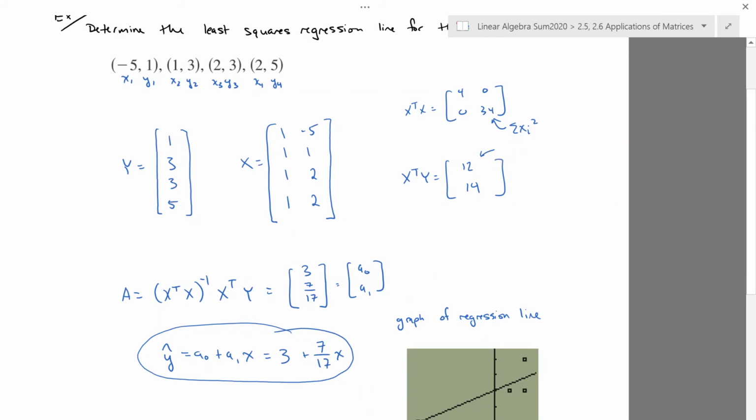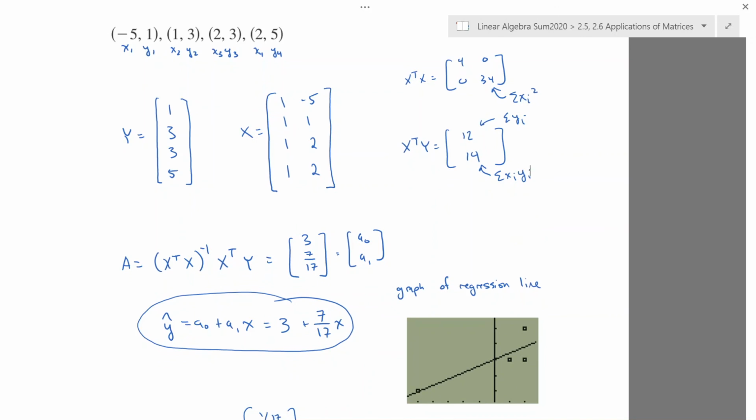So 5 plus 6 plus 1, so that's the sum of the y's. And then this 14 is the sum of the x times the y's. That's negative 5 plus 3 is negative 2 plus 6 is 4 plus 10 is 14, right? So that's the sum of the x times the y's. And so again, you can see that the different parts of the formula for the regression line come through when we do this matrix multiplication.